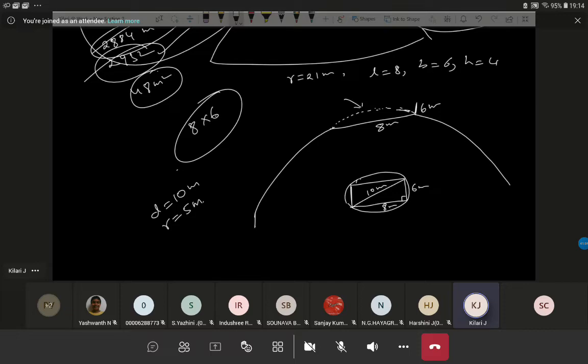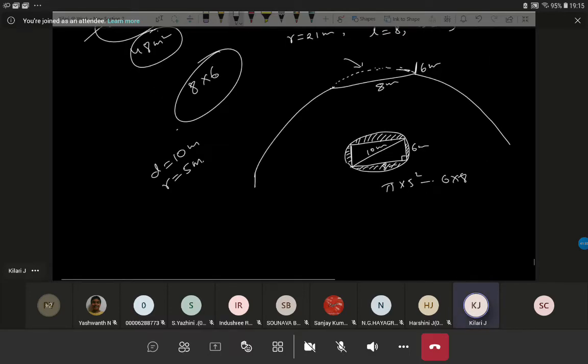So here, if you remove this rectangular portion, then the portion I am shading will be calculated as the surface area of the dome. How much is that? We have to calculate the area of the circle first, pi r square, then remove the area of the rectangle, 6 into 8.